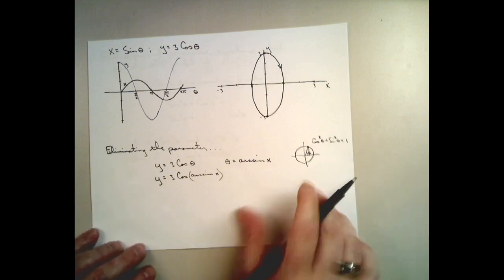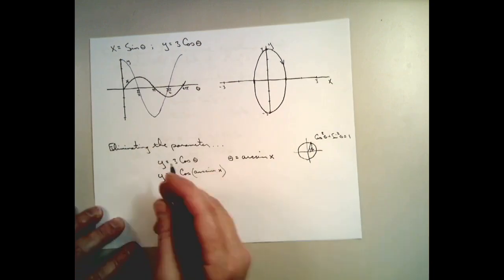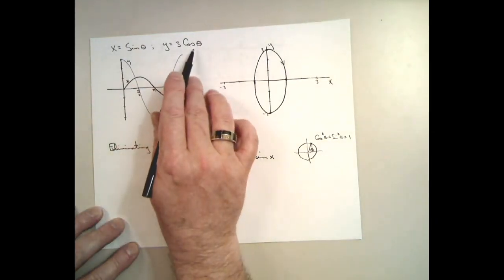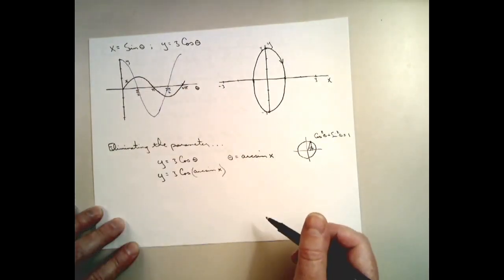Well, I'm using sines and cosines here as well. And what I have is that sine of theta is x, and cosine of theta is y over 3.